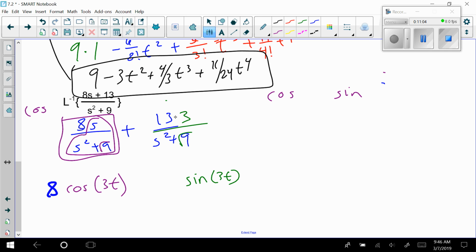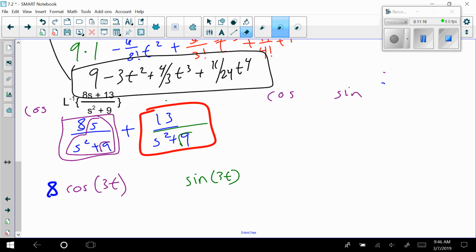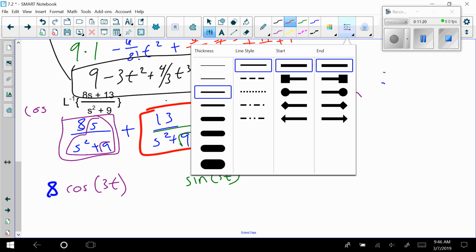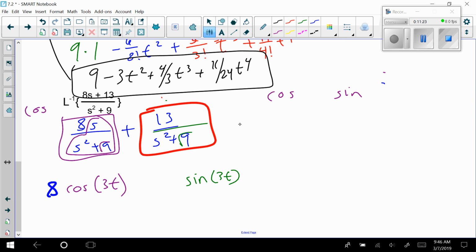If I want it to be a 3 up top, I would have to also divide by 3. And this is where I think I'll take a second to take this over here to the side and show you what I mean. Let me get rid of this 3 here. What I'm saying is I take this 13. It's 13 times 1 over s squared plus 9.